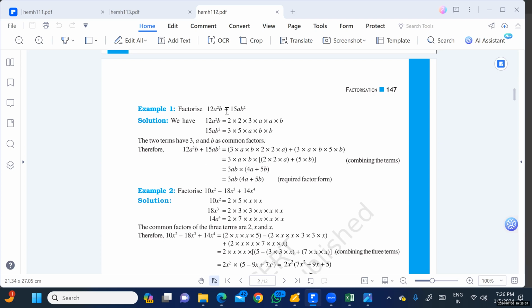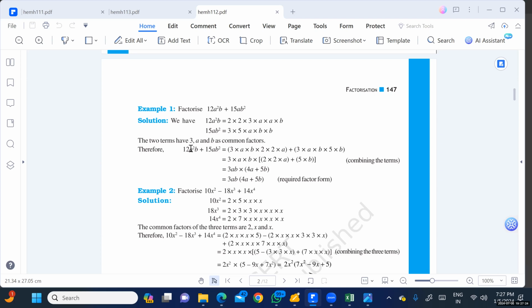Therefore, this 12a square b plus 15ab square is equal to 3AB into 2A from the first one plus 5B from the second one, because I removed the 3AB as common. So it will be 3AB into 4A plus 5B.